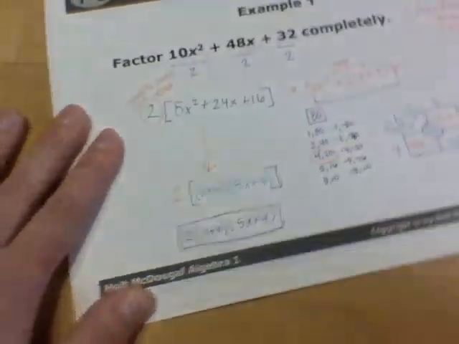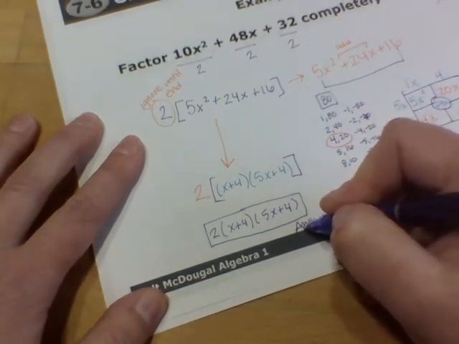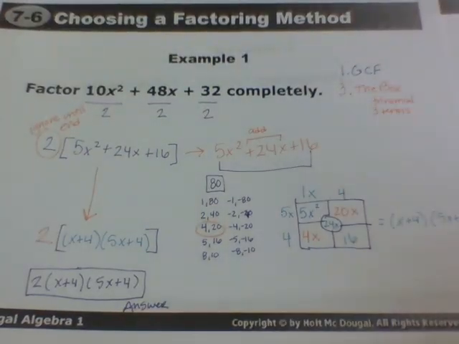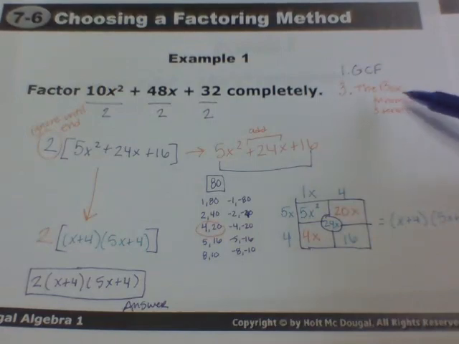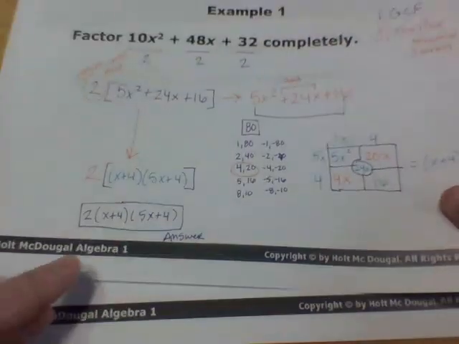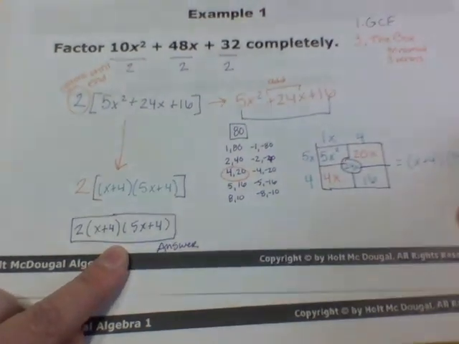So again, 2 problems in 1. We had to find the GCF, which was like the first section that we had in Chapter 7. And then we had to use the box, which was more like 7-4. So that is factored completely from that trinomial.